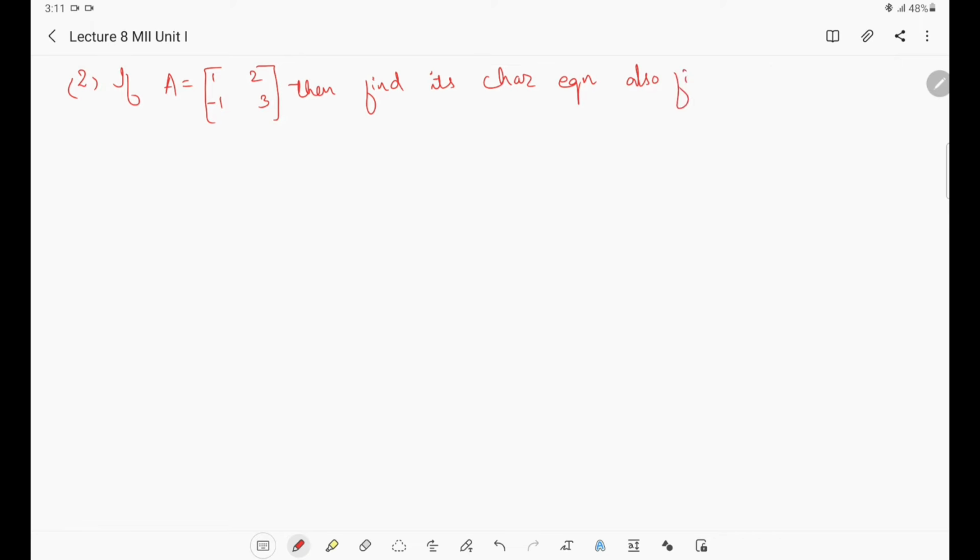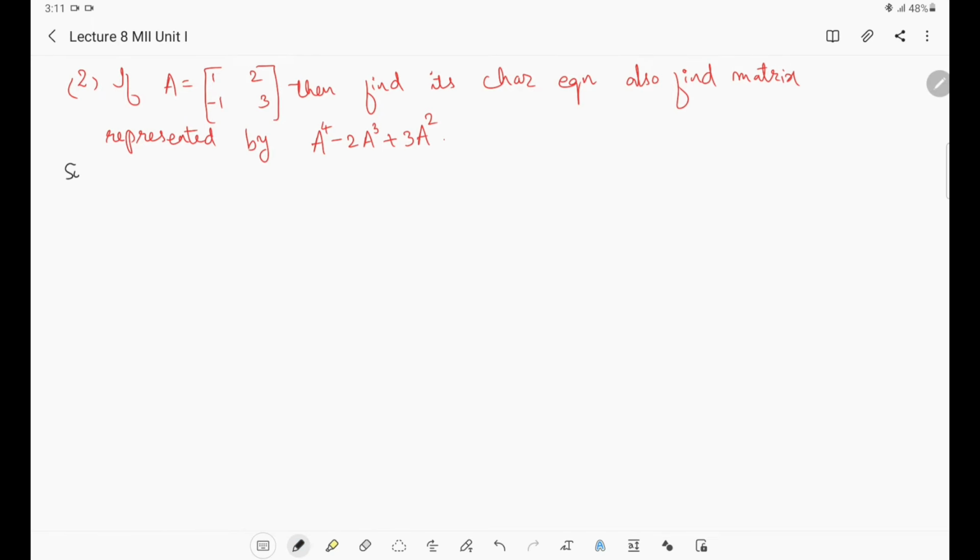Also find the matrix represented by A power 4 minus 2A cube plus 3A square. We have to find the matrix represented by this, right?